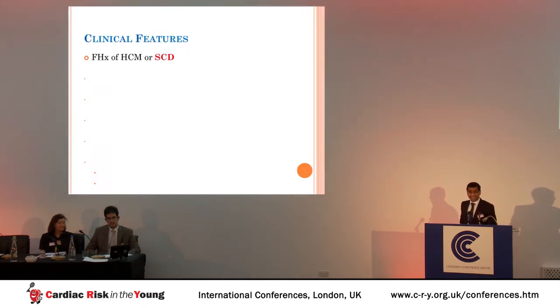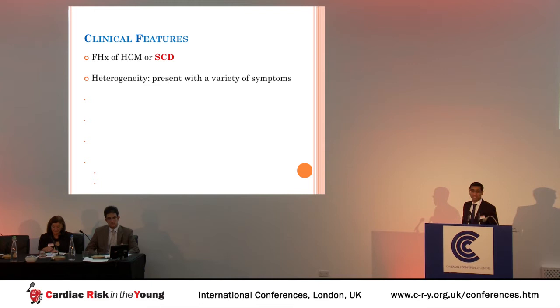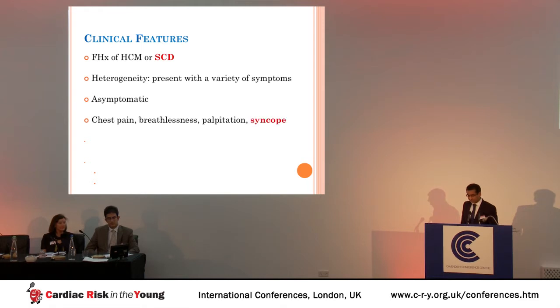So moving on to the clinical features, now obviously patients may have a family history of the condition or a family history of sudden death, which is a red flag feature. But in terms of symptoms themselves, again, there's much heterogeneity. Some patients may be entirely asymptomatic, but when present, symptoms include chest pain, breathlessness, palpitation, and syncope again is another red flag feature.